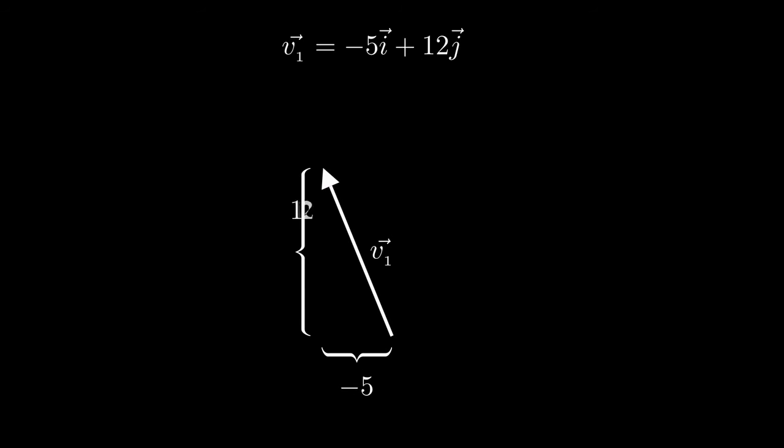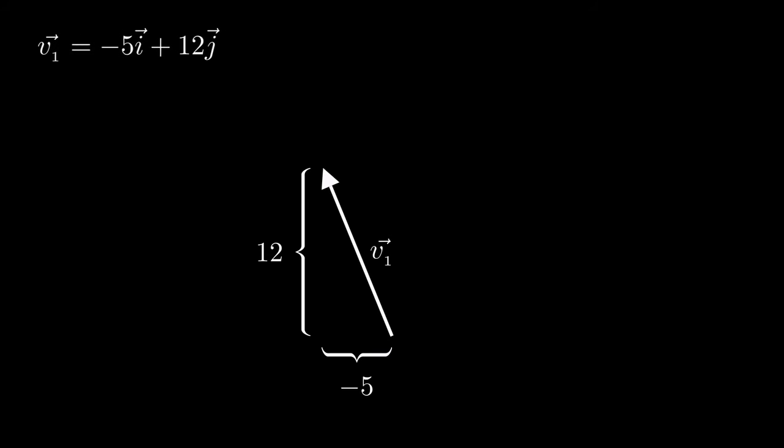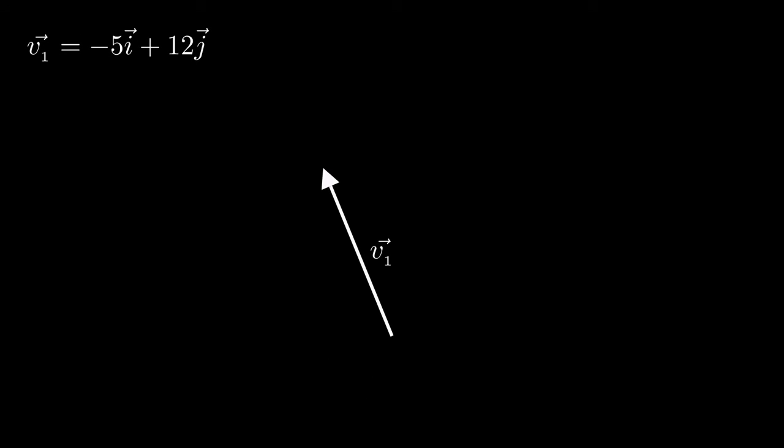We're also given a vector P, and we're told that it goes in the same direction as V1. So now we need to think about the relationship between P and V1. P is equal to some scale factor times V. Let's think about what the scale factor does.